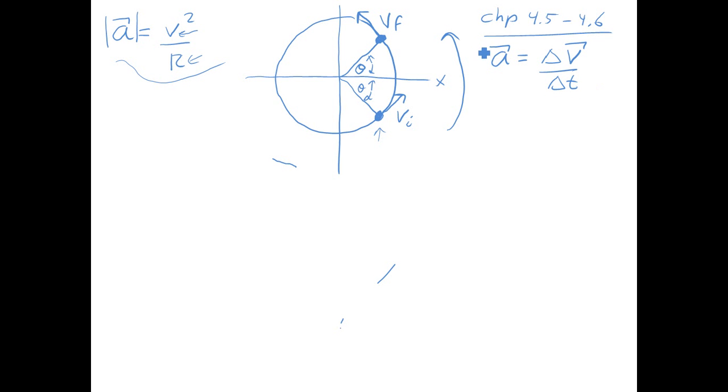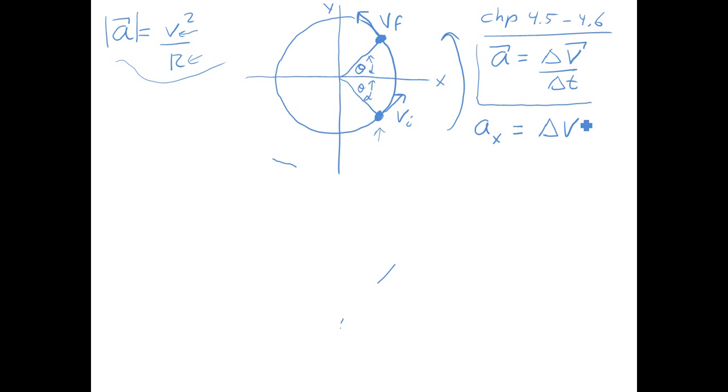This is the basic definition: acceleration is defined as change in velocity over change in time. I can simplify that and look in each direction. Notice this is x and y motion. A circle is a two-dimensional figure, so at different times this thing has x velocities and y velocities.